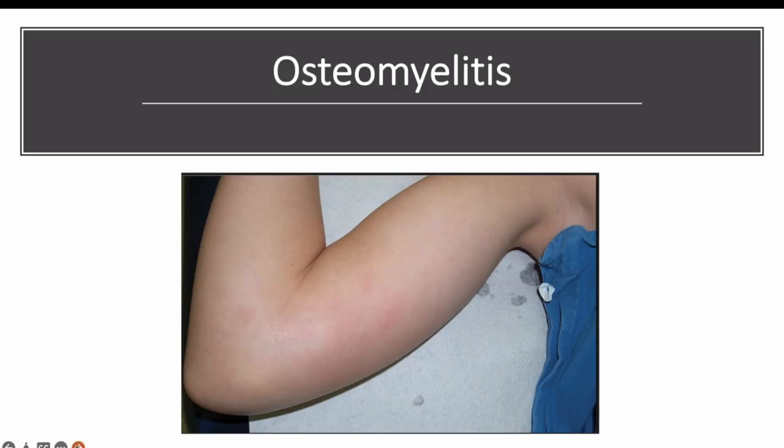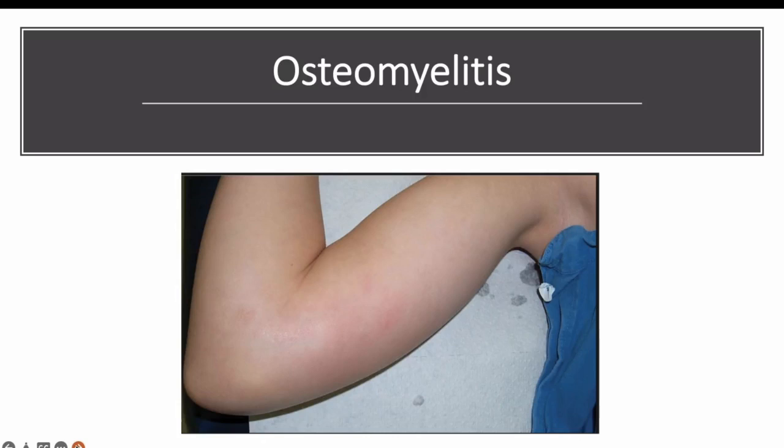If the patient presented less than 2 weeks ago and you did a simple X-ray, it will be normal. You need to diagnose osteomyelitis with MRI, because MRI will show you the bone marrow enhancement, with the source starting from the nutrient arteries in the bone.